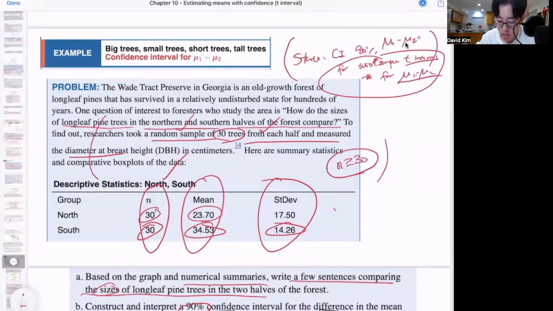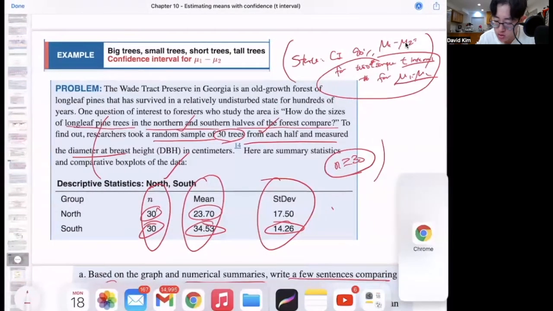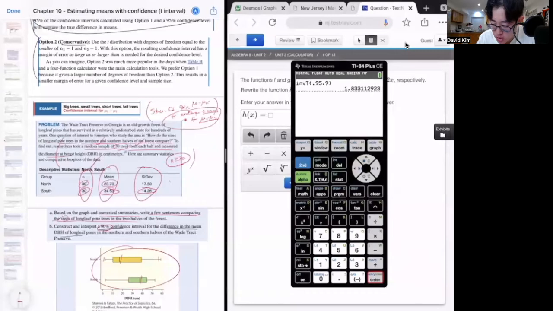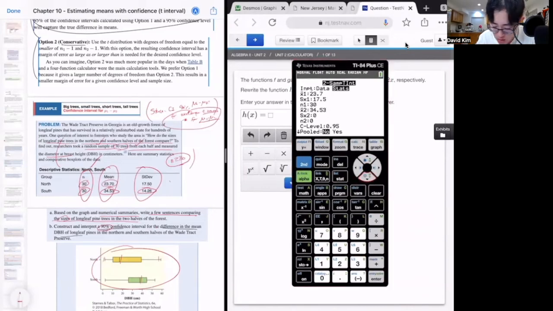So let's go to the do portion. Now, this is much more interesting to do. Let's go to the stats. We're going to go to test. T interval. So we're going to do 2 sample T interval now. Because we have now the mean of x1, which is 23.7, and standard deviation of 17.5, and a sample size of 30, then 34.53, standard deviation, the second one was 14.26, sample size still 30.